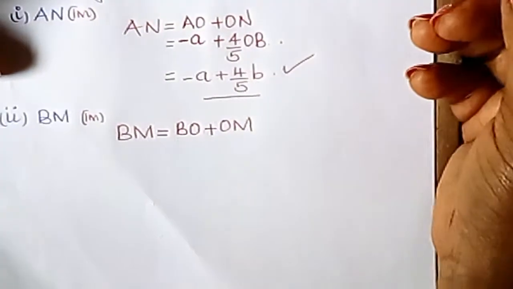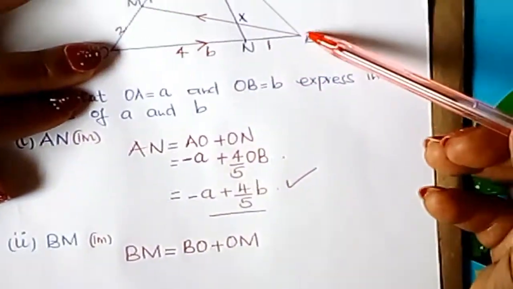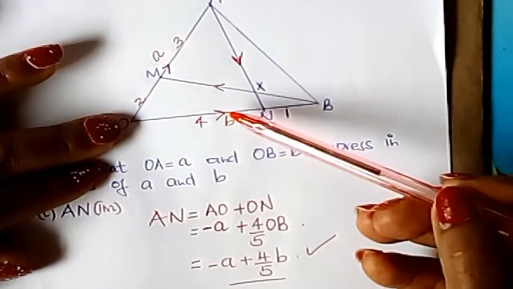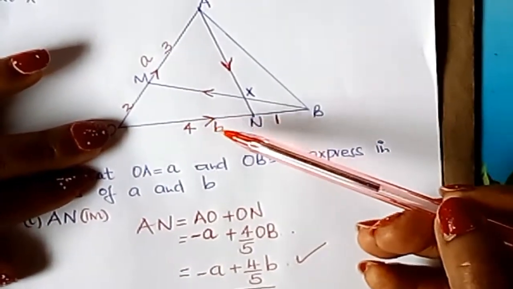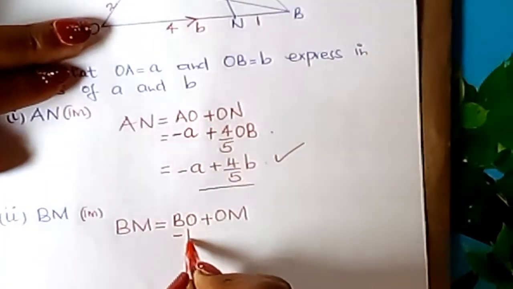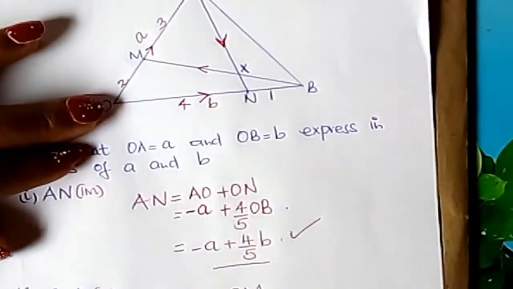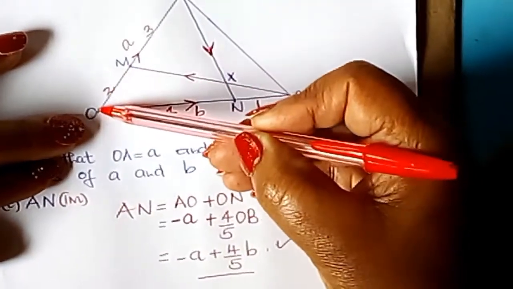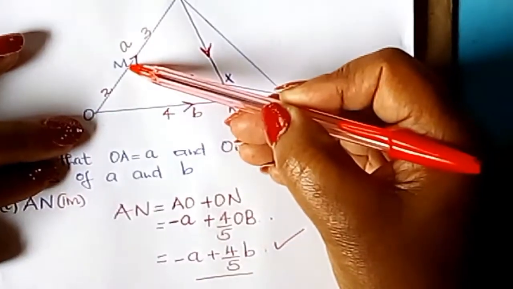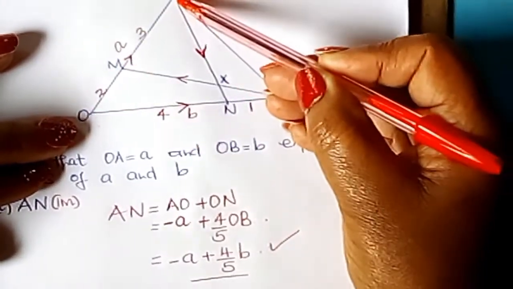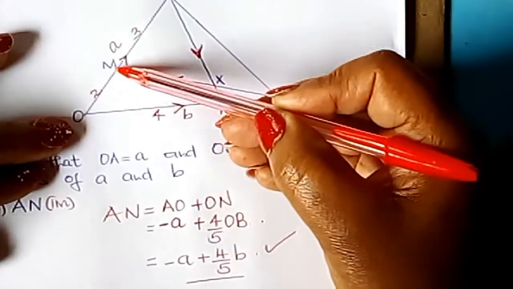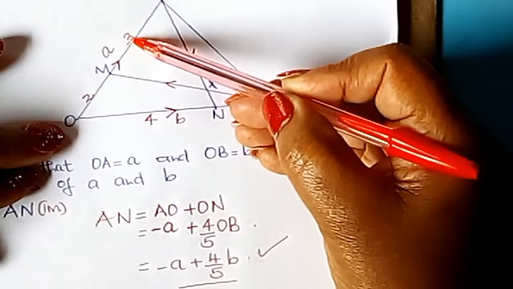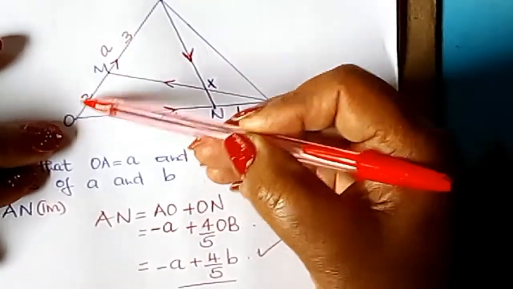So look at this, learner. What is vector BO? You are going against the arrow of small b, and therefore it will be minus b. Plus OM. What is OM? OM is a fraction of OA. What fraction is it? 2 plus 3 is 5, so 2 out of 5 of OA.